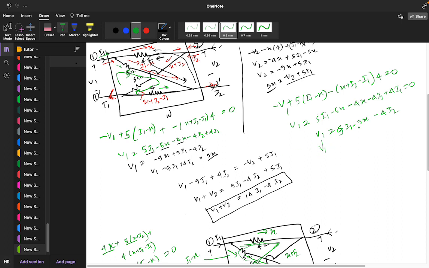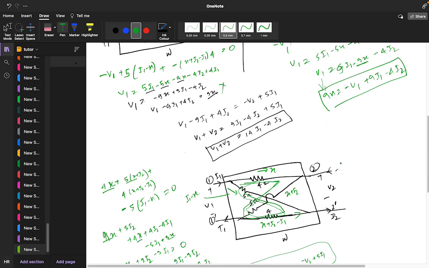So if we want to find the value of minus 9x, then 9x will get minus V1. So a small mistake: minus V1 plus 9 I1 minus 4 I2. So this is the value of your 9x. So this is the correct equation. We just missed a small mistake. See, a small mistake will do these things.